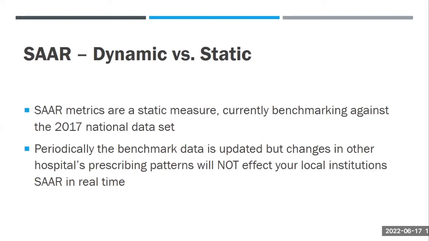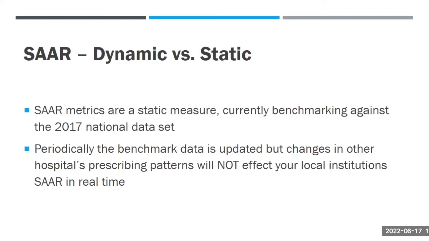Comparing one facility to another, they're likely to have similar environmental or regional effects, so they may both appear elevated or not, depending on specific factors. But if you had the exact same relative use to the nation in 2017 and 2022, your SAAR is likely going to be a little higher in 2021 during the peak waves.